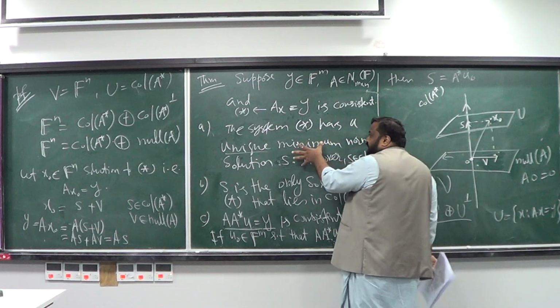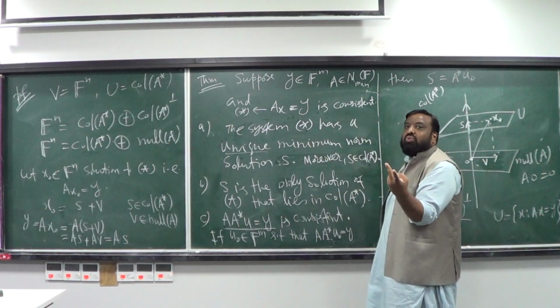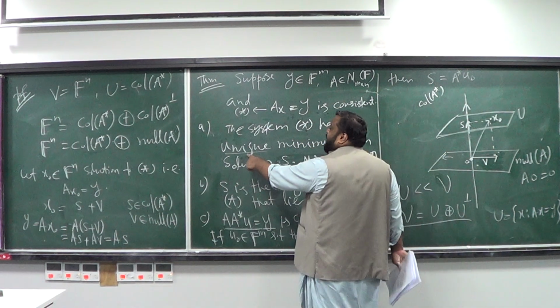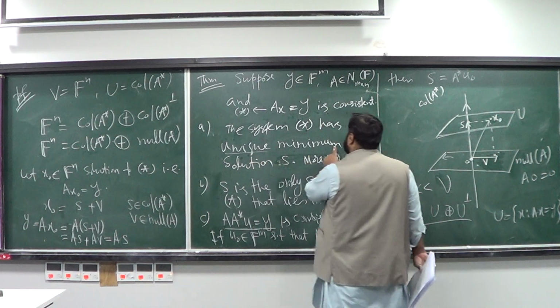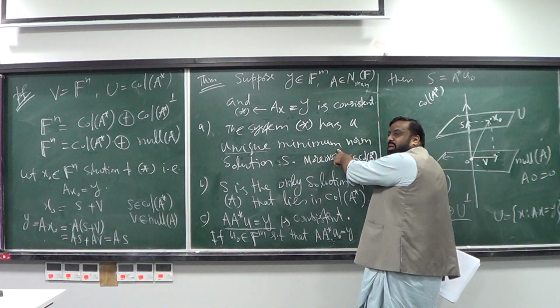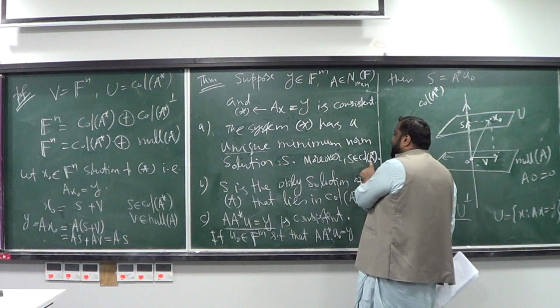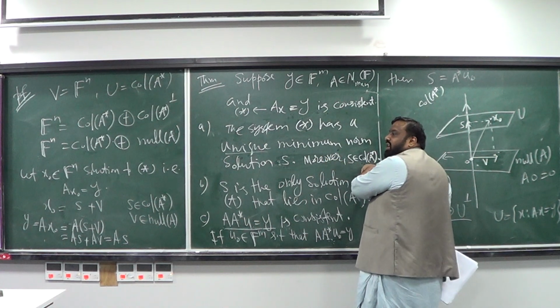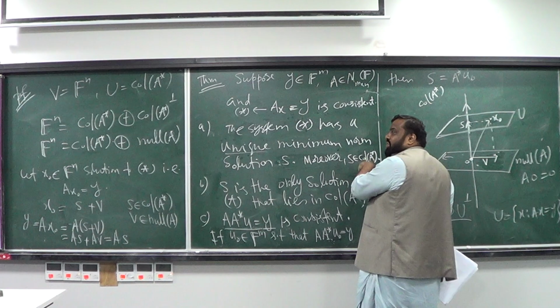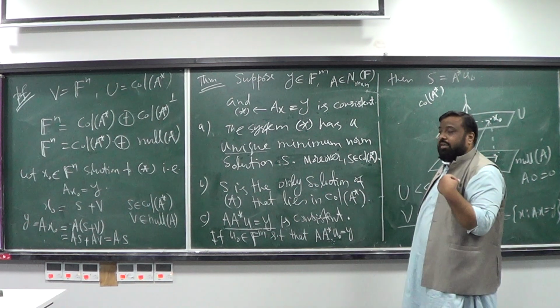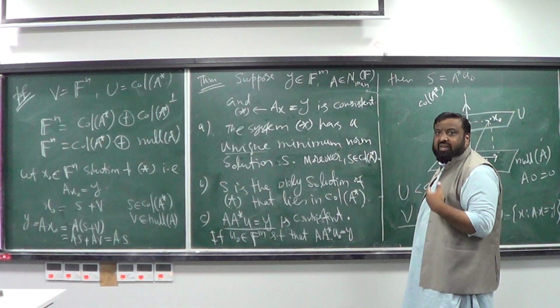But in order to prove this, you still need to show two things. Number one, it must be unique. Number two, it must be minimum norm, because the claim is not just to find a solution in the column space of A star, but to find the solution that is unique and of minimum norm.